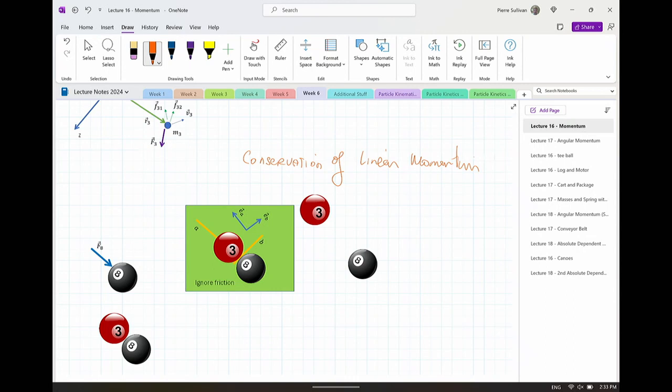You have two balls that hit each other. If you look at the free body diagram for the forces acting on ball 8, it's this right here. There's no weight that appears in this problem because it's occurring on a pool table, and weight is acting down through the screen.